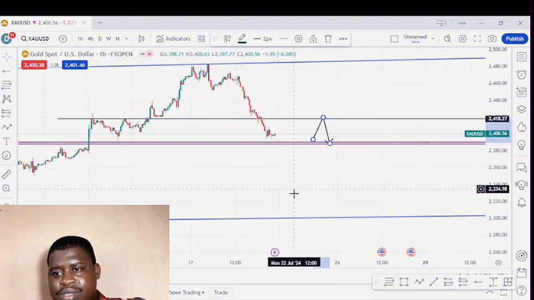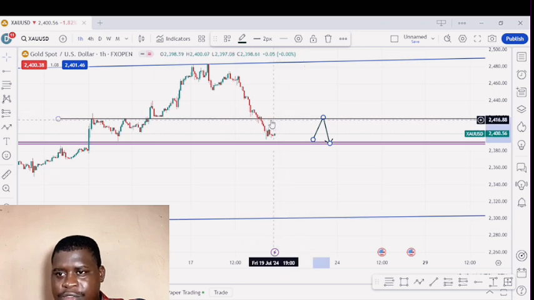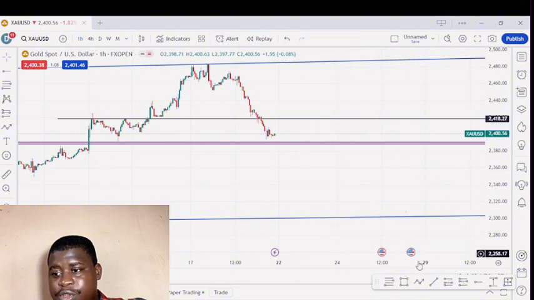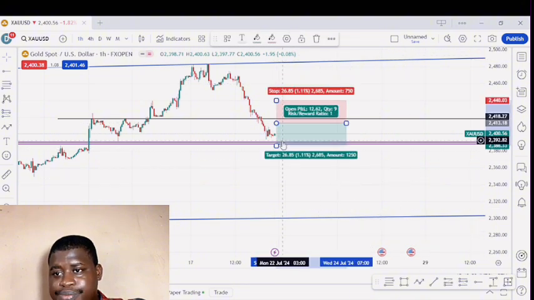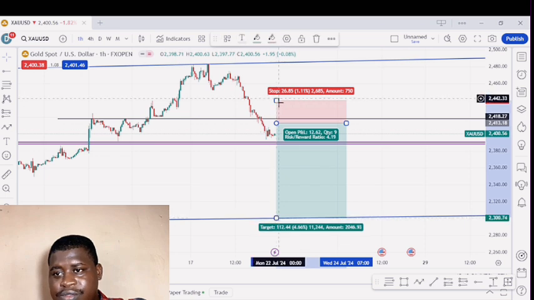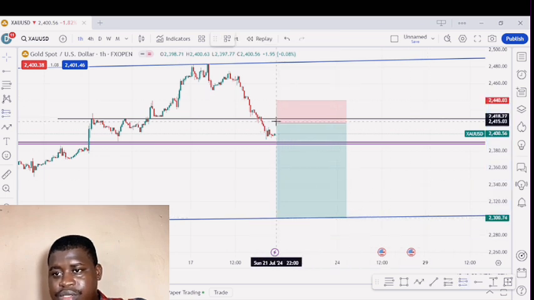Let the market do its magic here. Down. Move your stop to break even here. So here's what I mean when I say move your stop to break even.